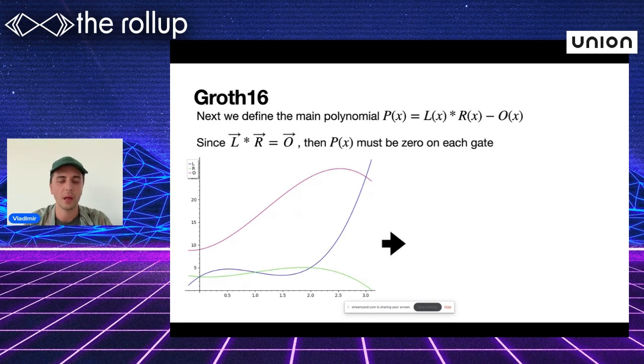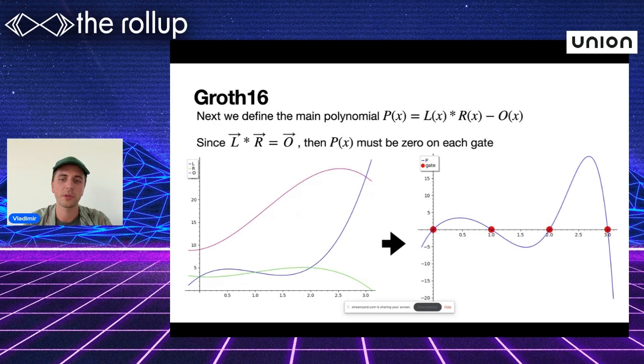And our three polynomials are transformed to a single polynomial. And because our assignment is valid, and on every gate we had a 0, then our polynomial P must be 0 at all the gates, at each gate. And vice versa, we can say that if the polynomial P is 0 at each gate, then our assignment is valid.